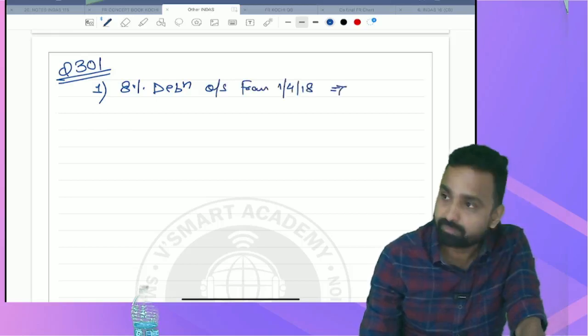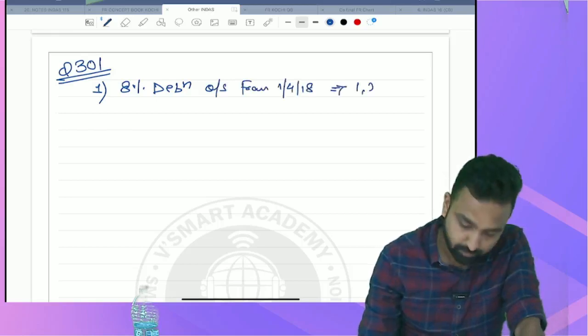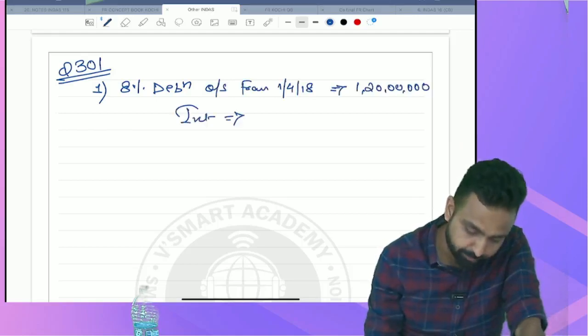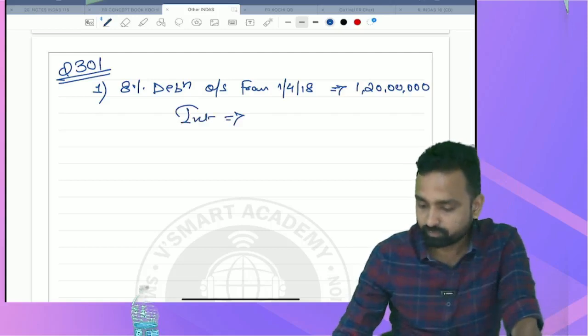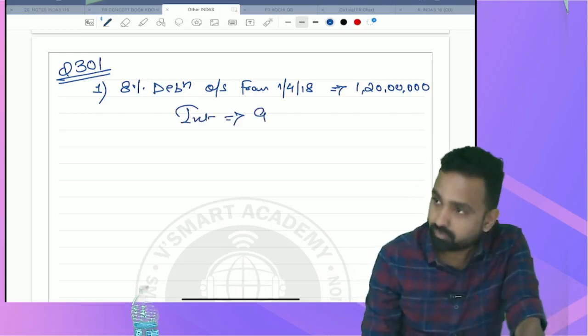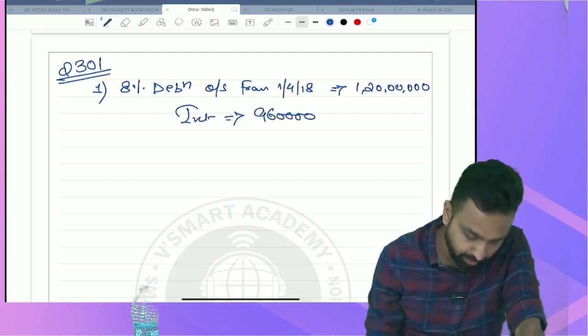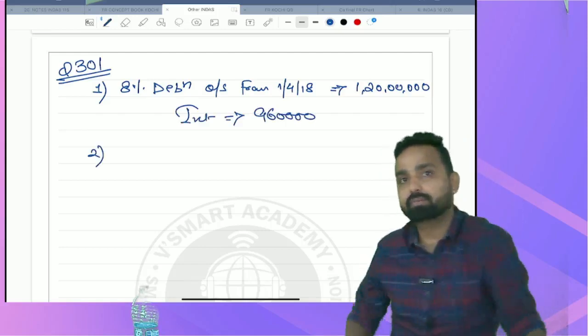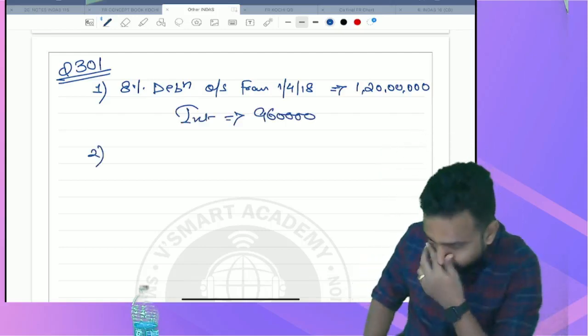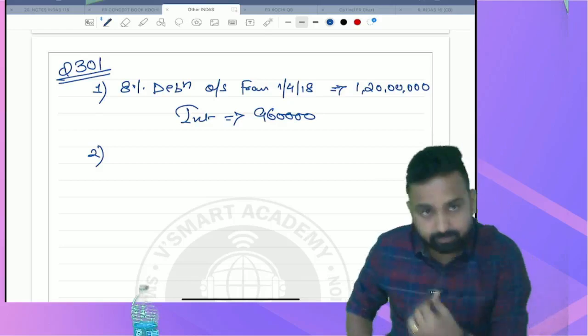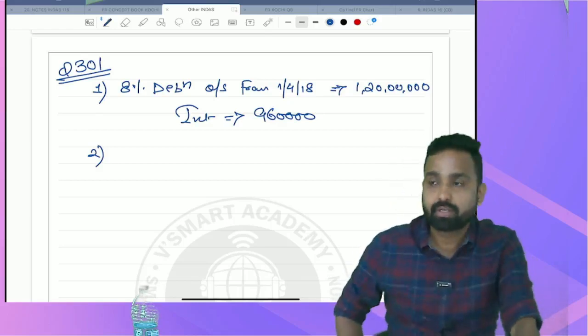How much is it? So calculate the interest. 9 lakh. Very good. Any second debenture?